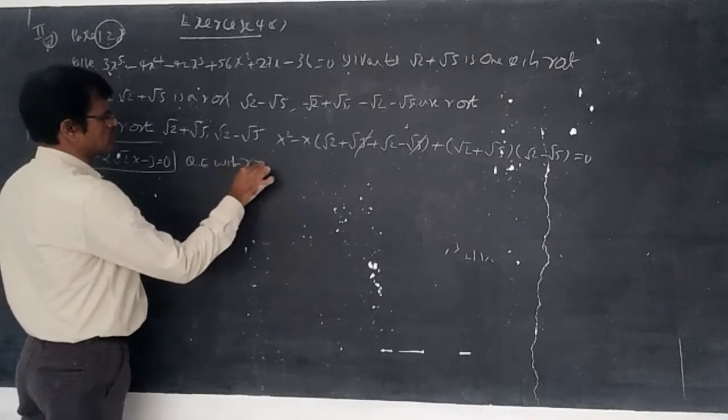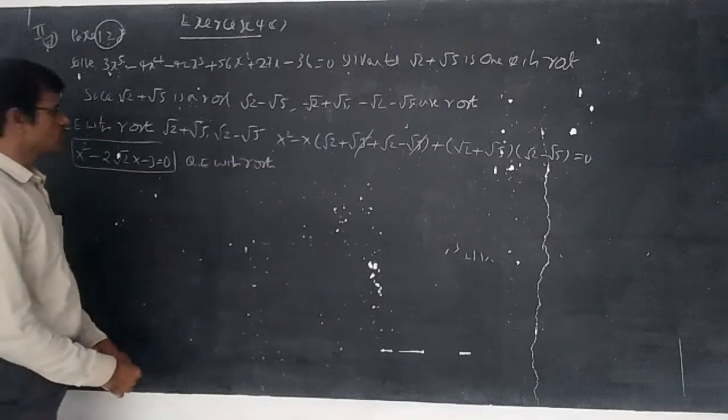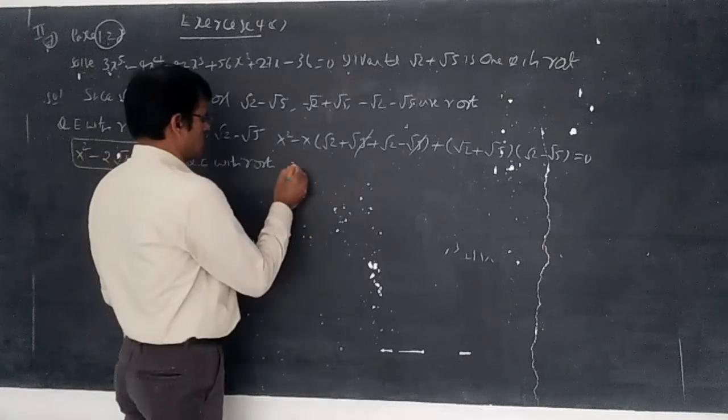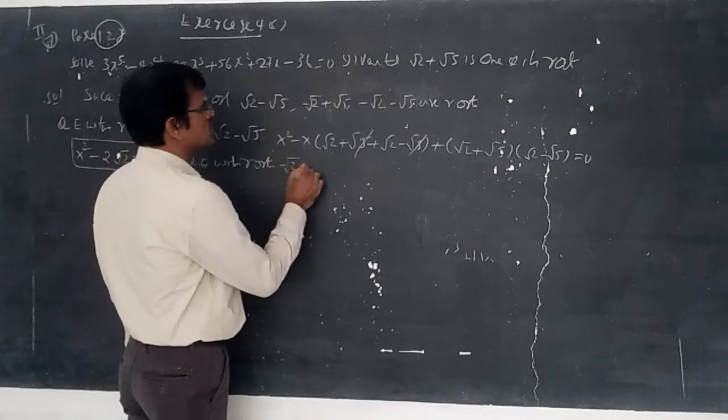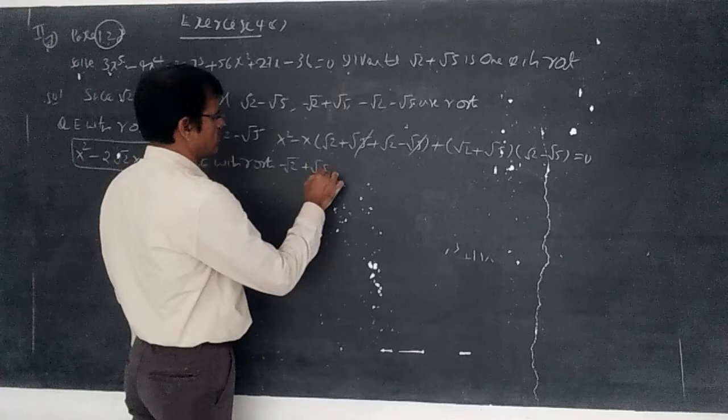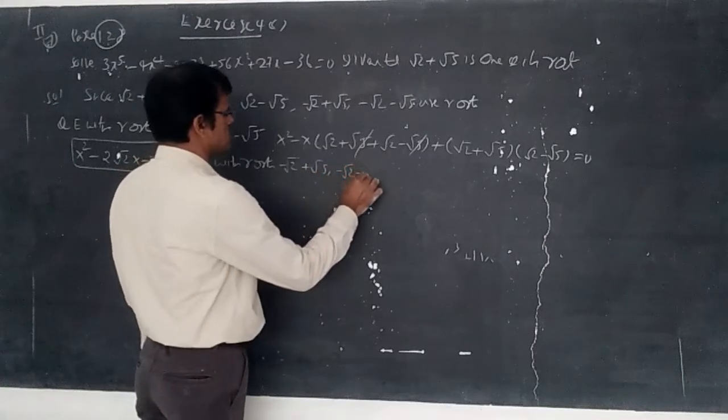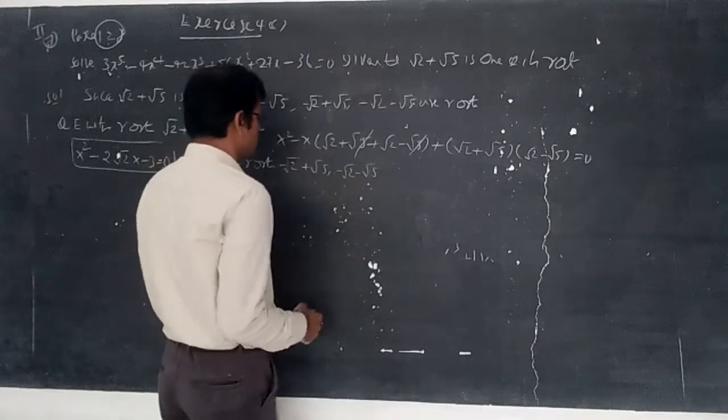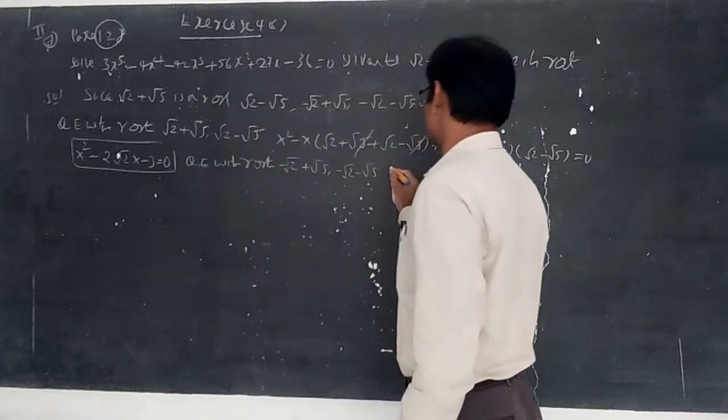Again I am writing the QE with roots minus root 2 plus root 5, minus root 2 minus root 5.